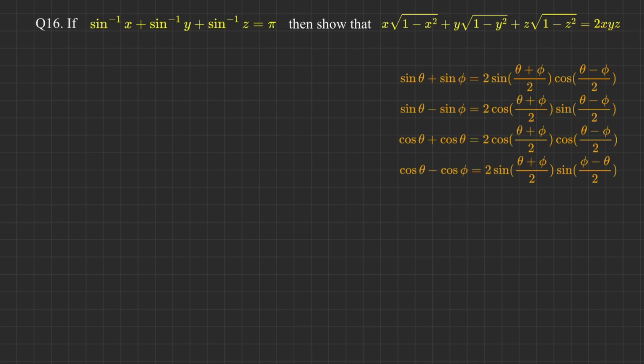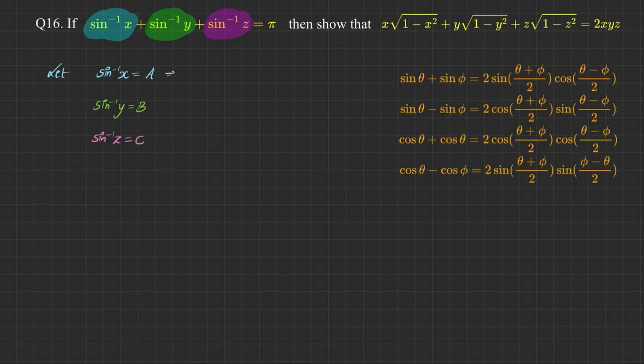Okay, so here let us consider sine inverse x as one angle, sine inverse y as another angle, and sine inverse z as another angle. So let sine inverse of x equal a, sine inverse of y equal b, and sine inverse z equal c.